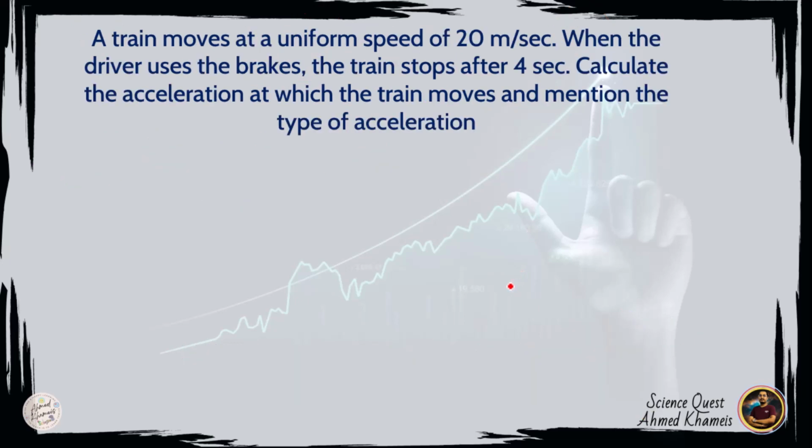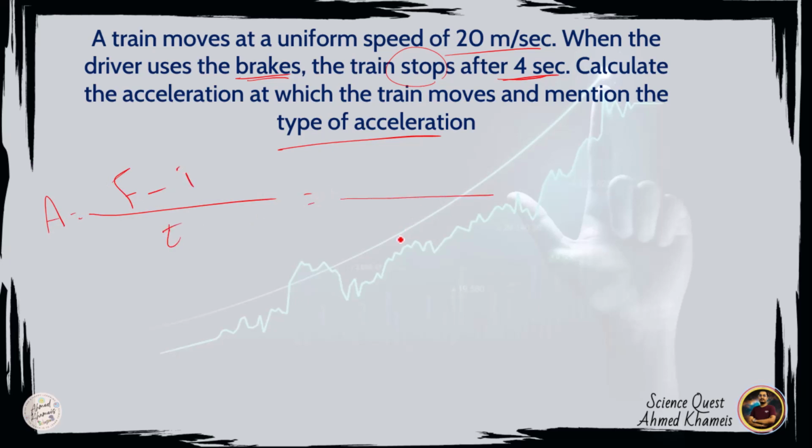A train moves at a uniform speed of 20 meters per second. When the driver uses the brakes, the train stops after 4 seconds. Calculate the acceleration and mention the type. Again, acceleration equals final speed minus initial speed over time.